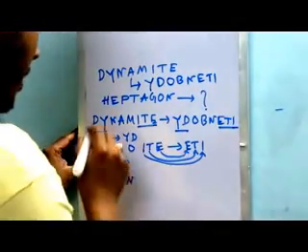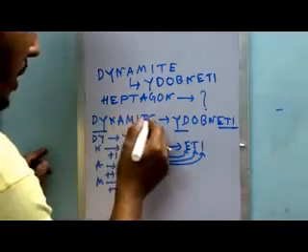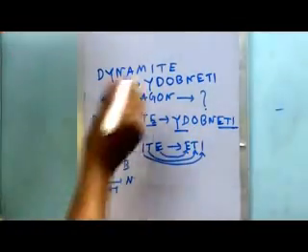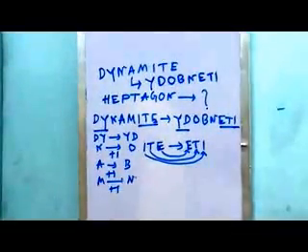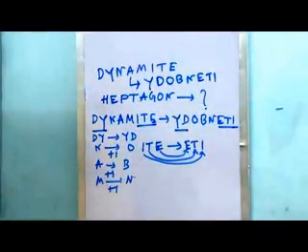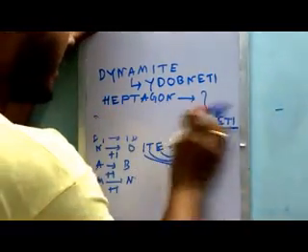So this code is decoded as this. Now, keeping the same logic intact, we need to find the decoded version of HEPTAGON.